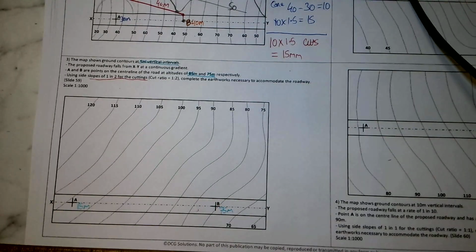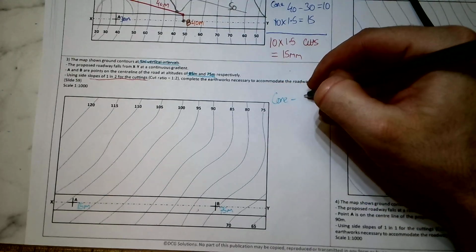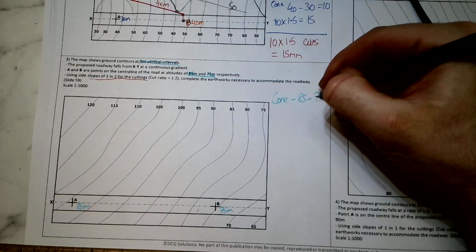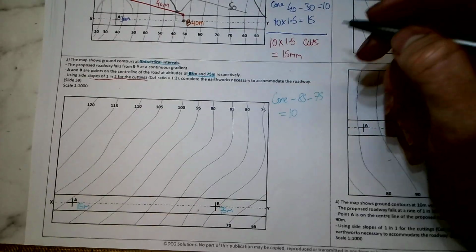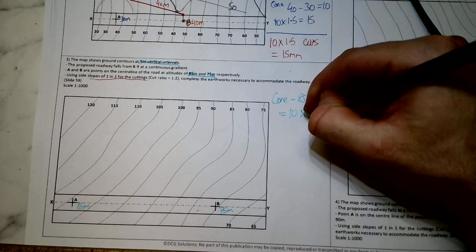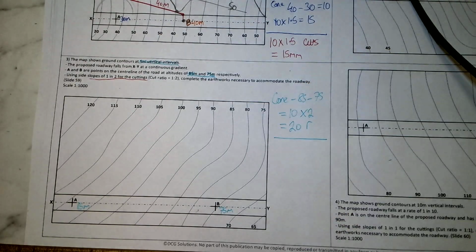Okay, so next thing we do is we're going to calculate our cone. So that is 85 take 75, which is equal to 10. The ratio we're given is 1:2. So multiply by 2, which equals 20. So 20, that stands for 20 radius for our cone.